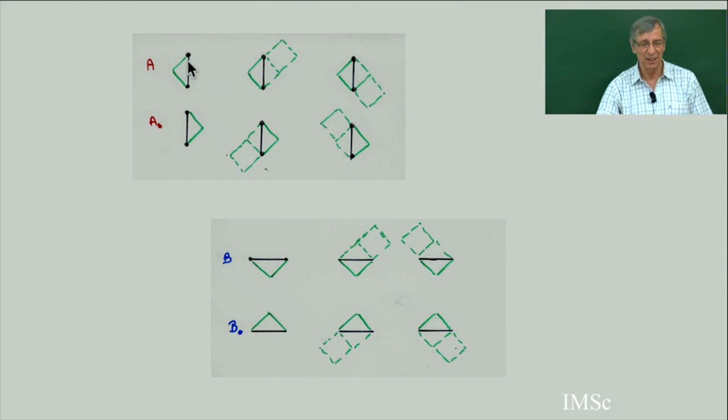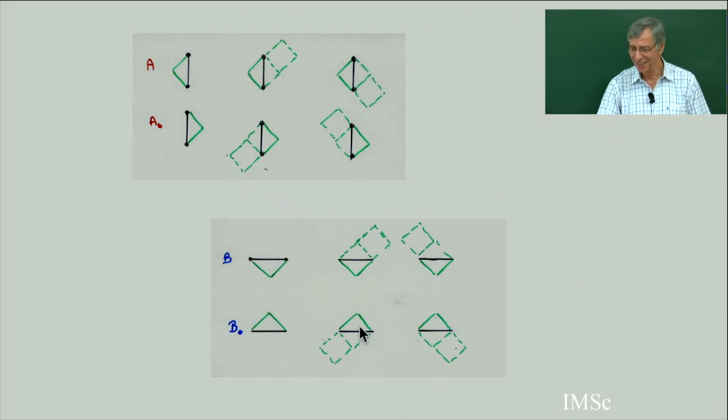For vertical edges, A dot is a diagonal of the square of a tile, but of the lowest square. And here it's a diagonal of the upper square of a tile for the vertical edges. I have two different cases for vertical edges, and similarly, two different cases for horizontal edges. I have a horizontal edge here, which is the lower square of a dimer. And here is the upper square of the dimer.